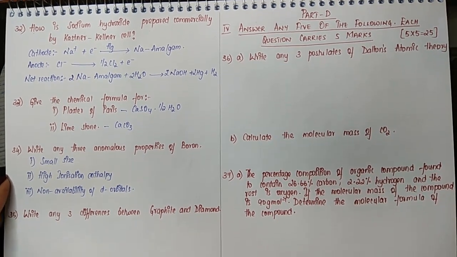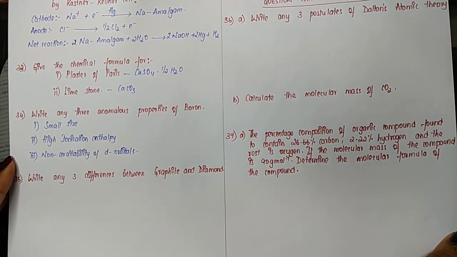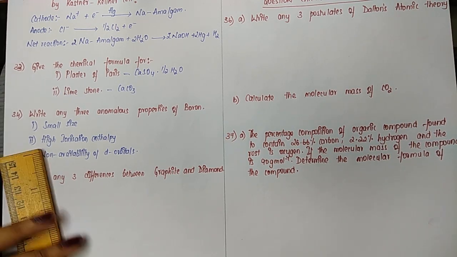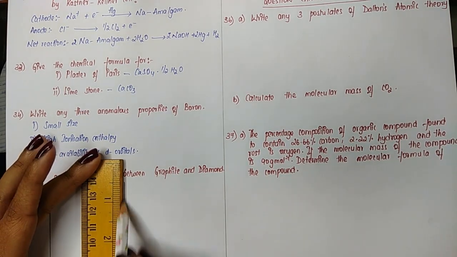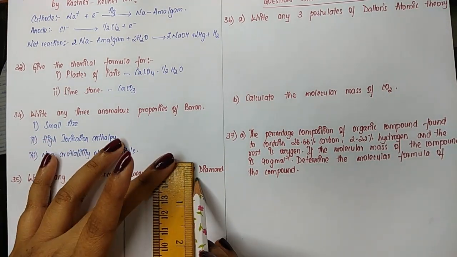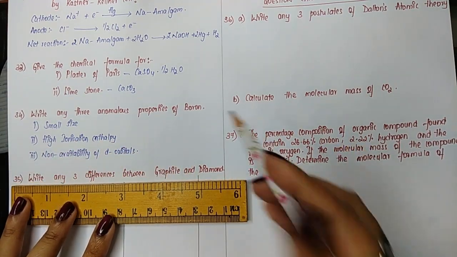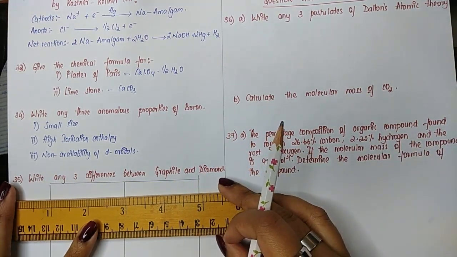Now the 35th question is write any 3 differences between graphite and diamond. So for this let's draw a table so it's easy for us to write down the answer. For a difference question, it's always easier to draw the table and write the answer.